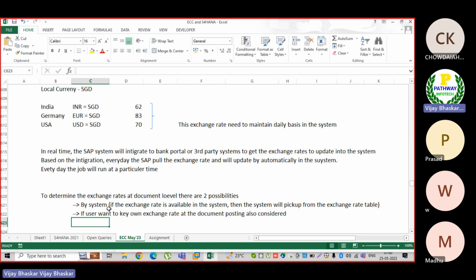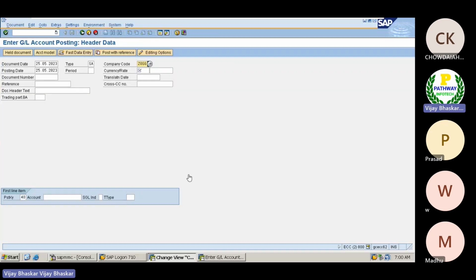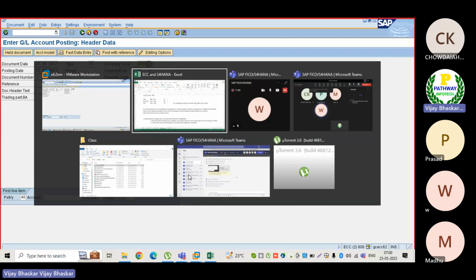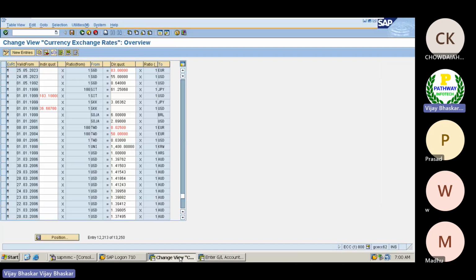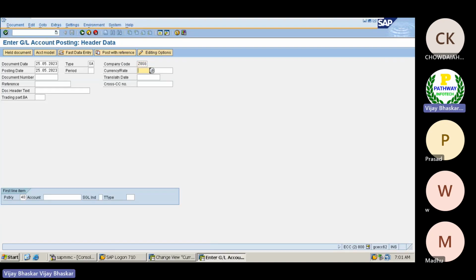Meaning that we have maintained the exchange rates at the table level. If the exchange rate is available here, then during the posting, the system will post the entry automatically. Okay, let's see first scenario number one. Let the exchange rate be derived by the system.